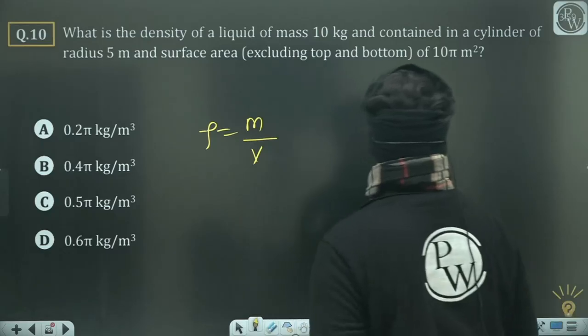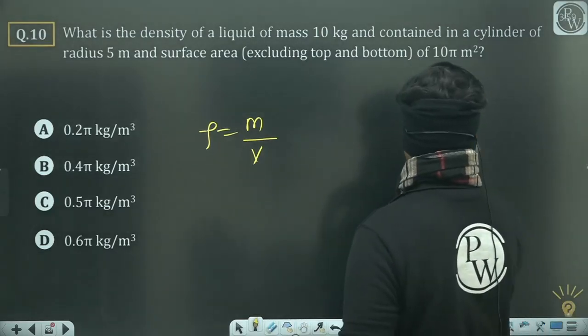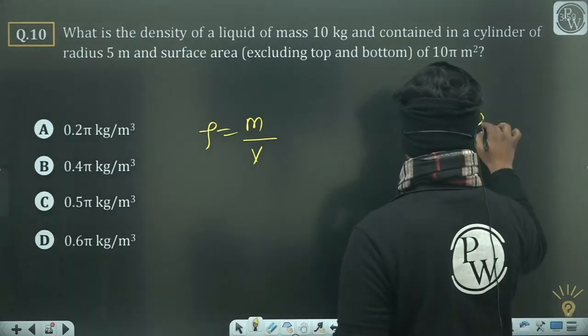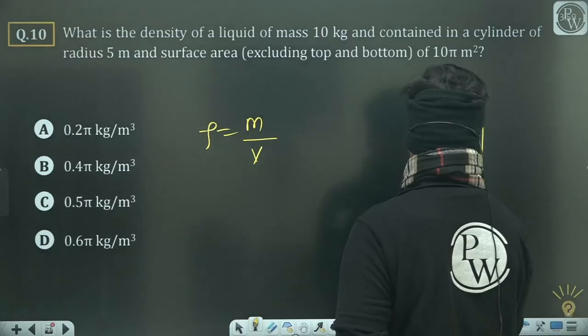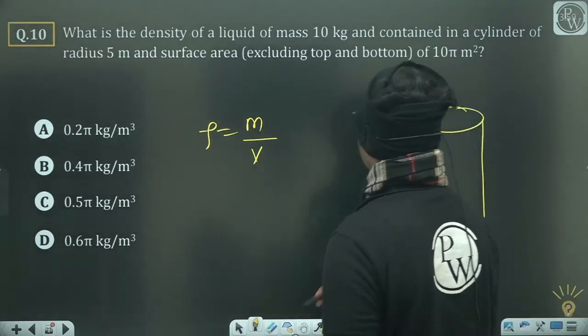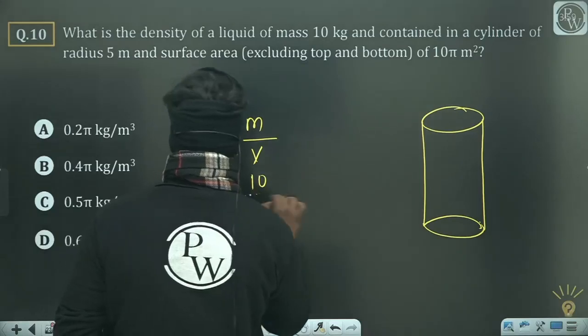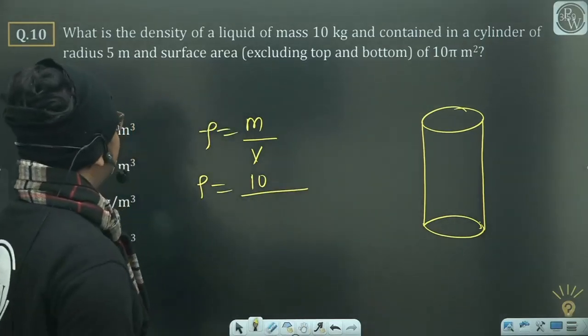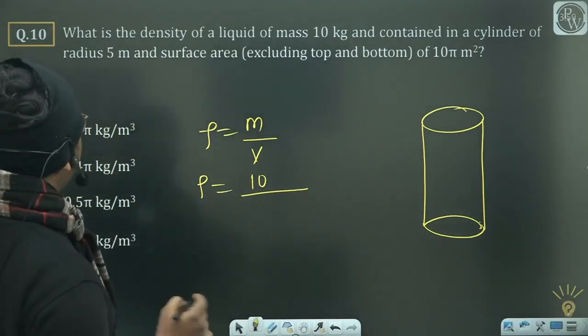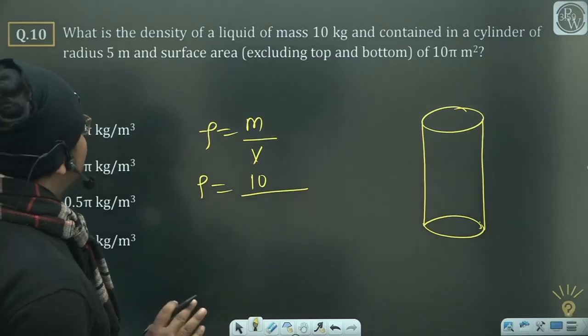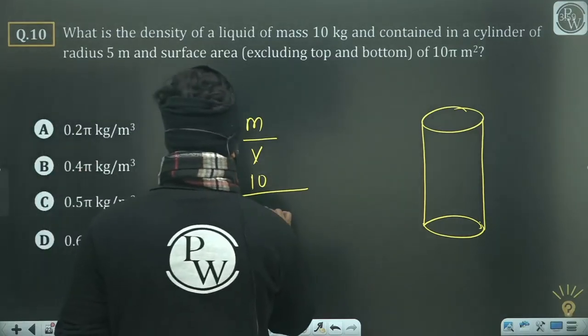So contained in a cylinder, so cylinder will be like this only. Find out the volume of the cylinder. So it will be rho equal to 10 kg divided by volume. They have already given the surface area is 10 pi meter square.